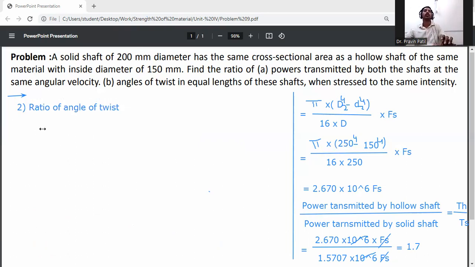So we know the equation: C theta divided by L is equal to Fs by R, that is Fs divided by R.